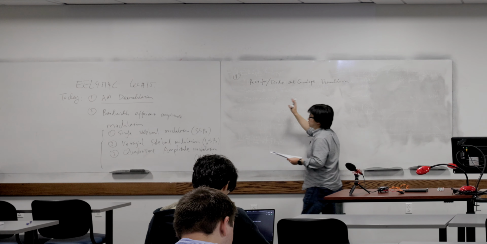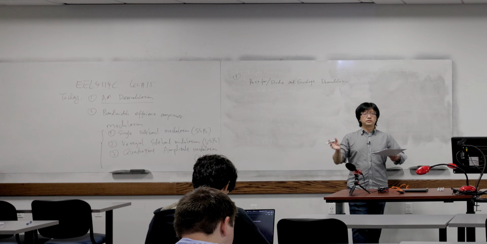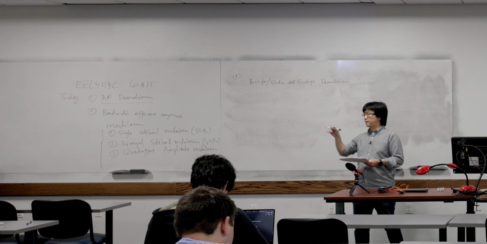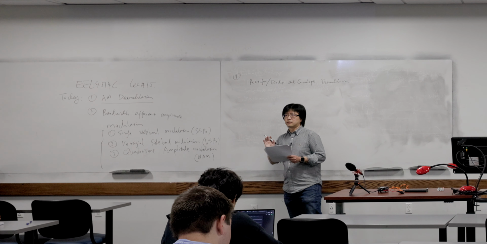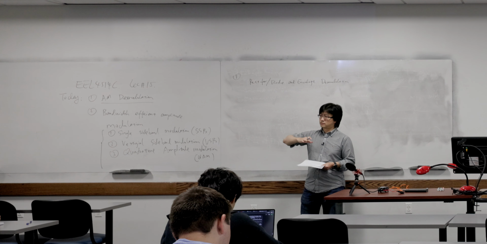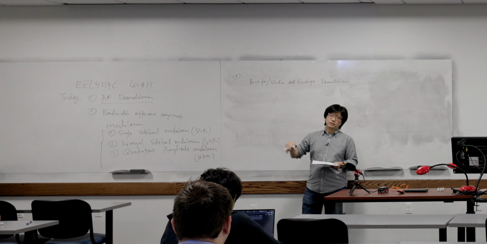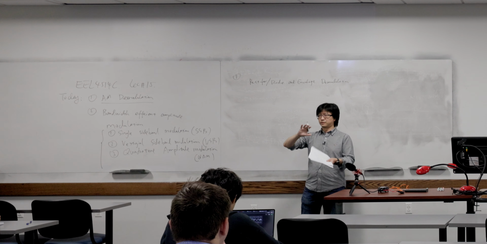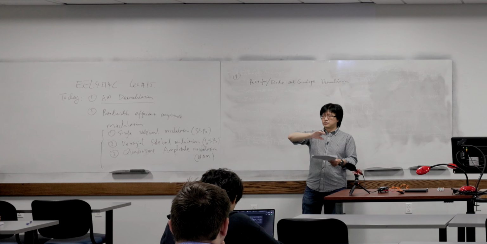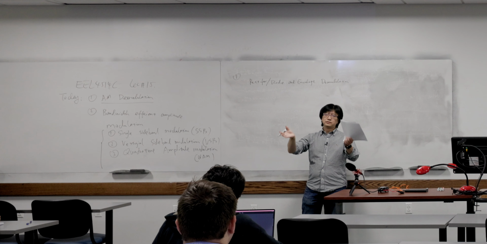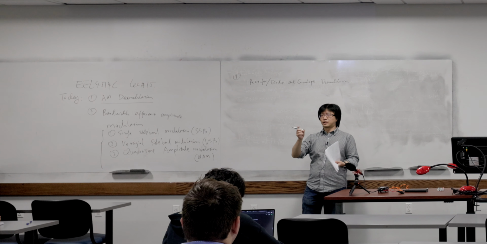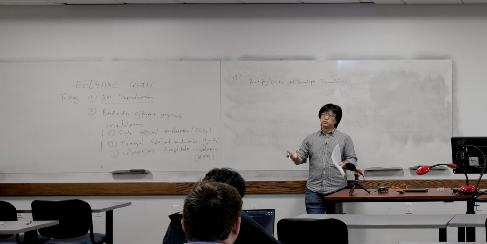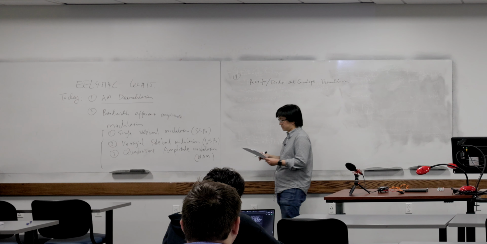Here, we're going to come back to our original idea of making sure that the modulation index is less than 1. If the modulation index is less than 1, the signal envelope will be above 0. Then if we can detect the envelope, it's good. Today we're going to see how we can do that exactly.